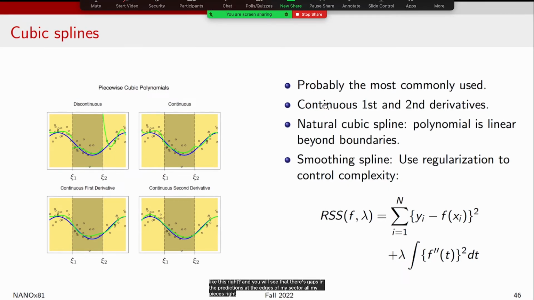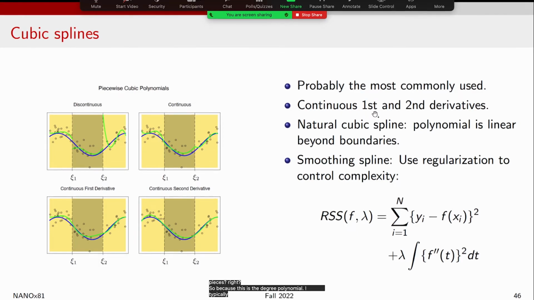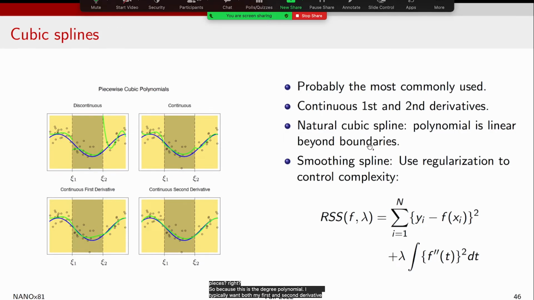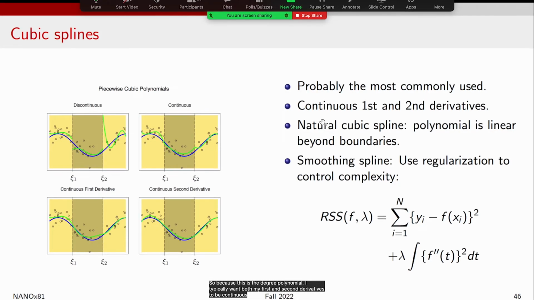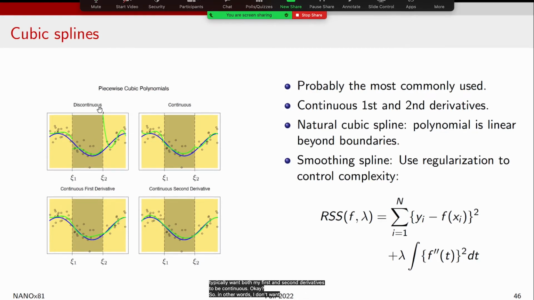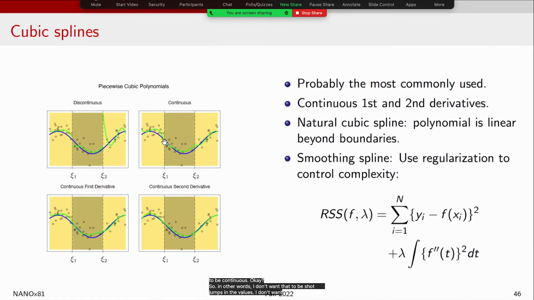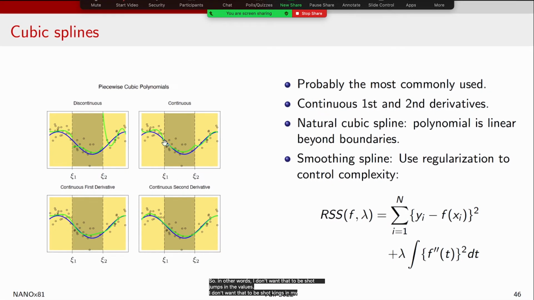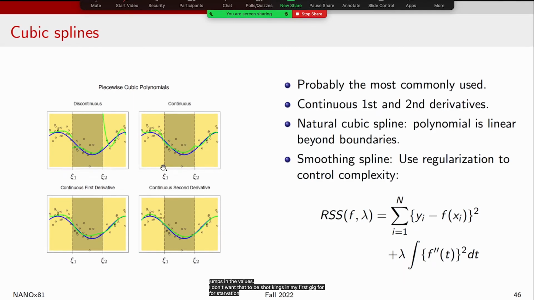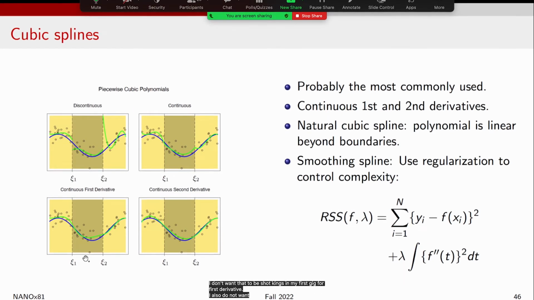So because this is a third degree polynomial, I typically want both my first and second derivatives to be continuous, okay? So in other words, I don't want there to be sharp jumps in the values. I don't want there to be sharp kinks in my first derivative. I also do not want kinks in my second derivative.